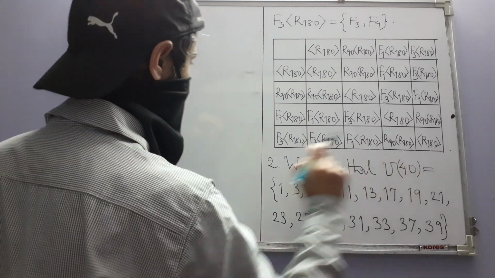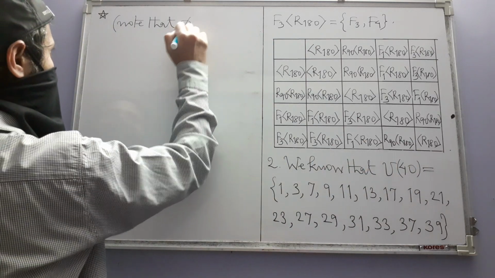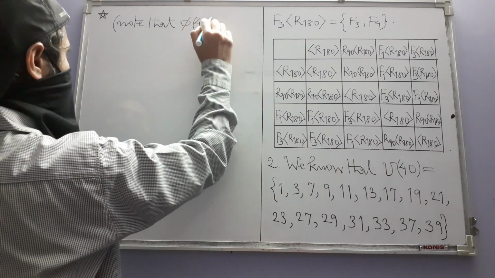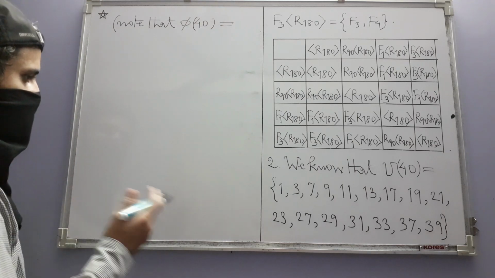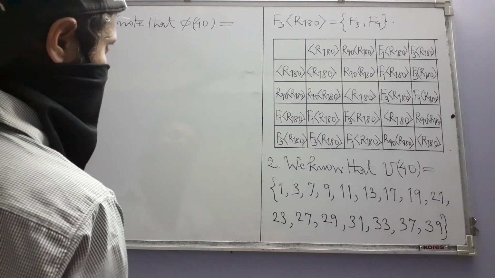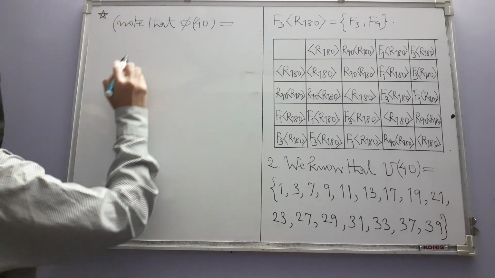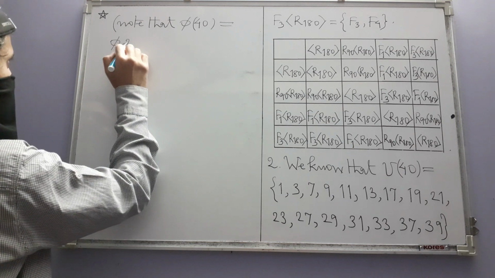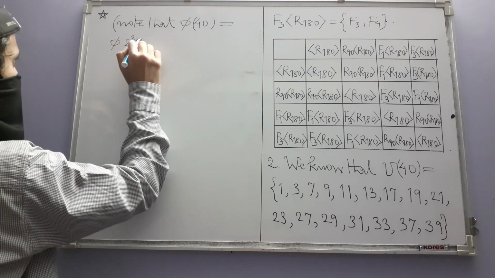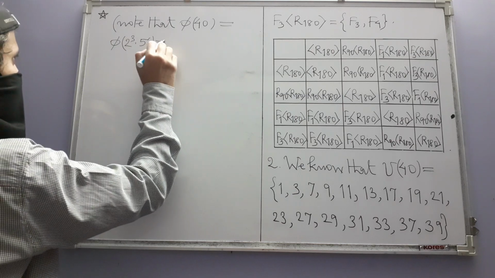What is our modulus? 40. And this calculates the number of positive integers less than 40 and relatively prime to 40, because the prime factorization of 40 is this.